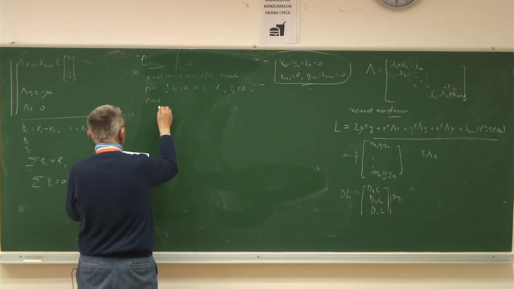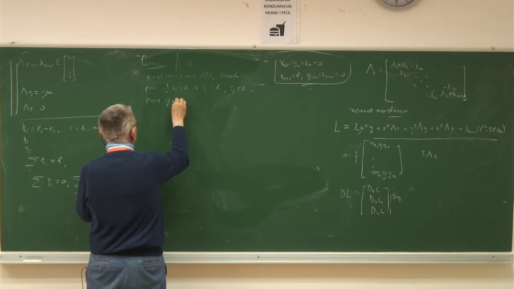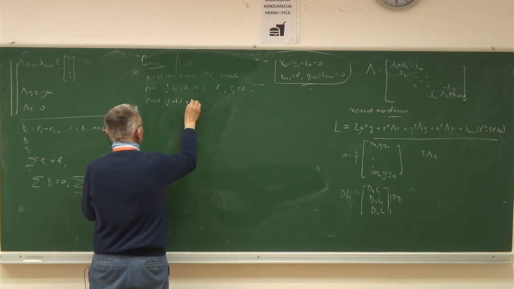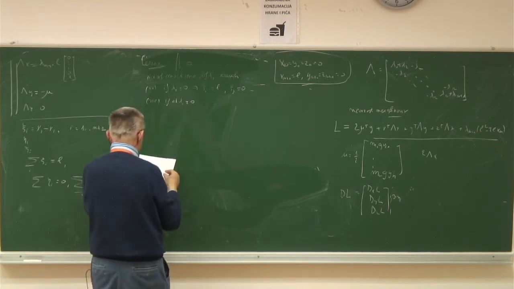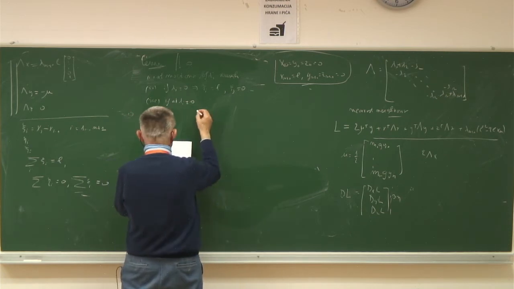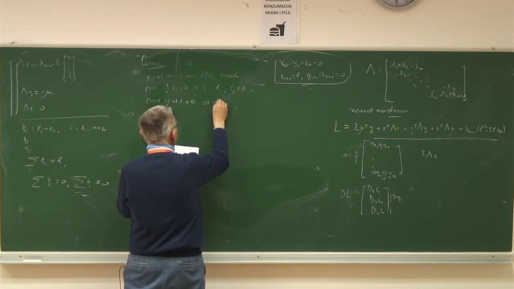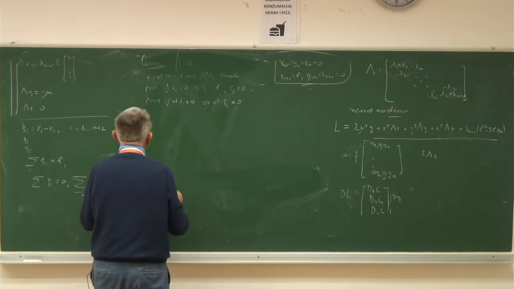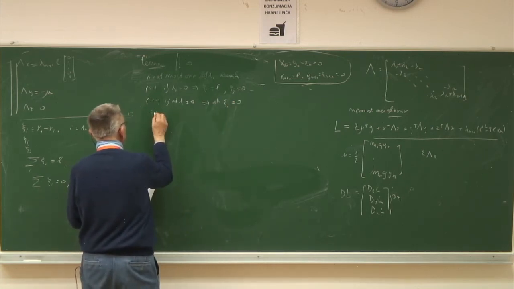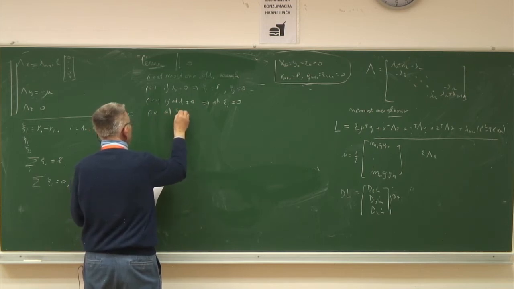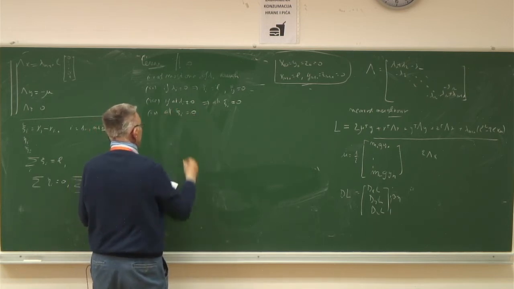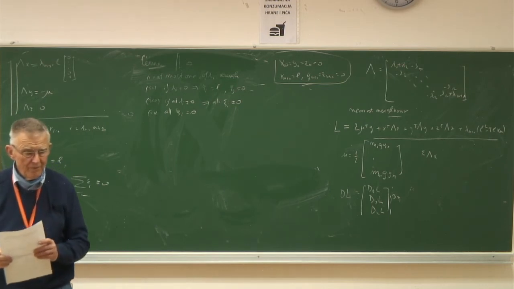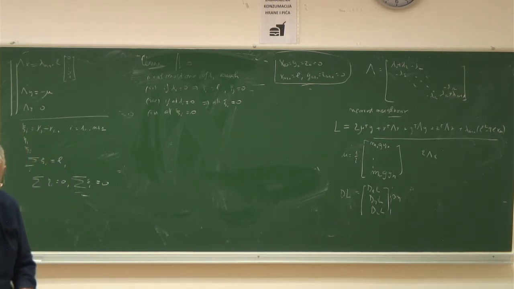Three, if all lambda_i are different from 0, then all xi_i are different from 0. And four, all zeta_i are 0. Zeta_i, excuse me, zeta_i, yes.